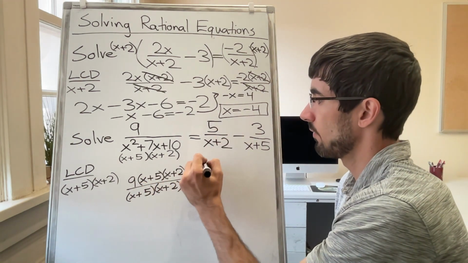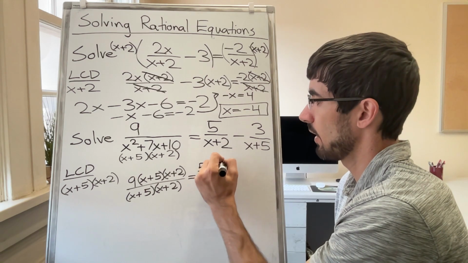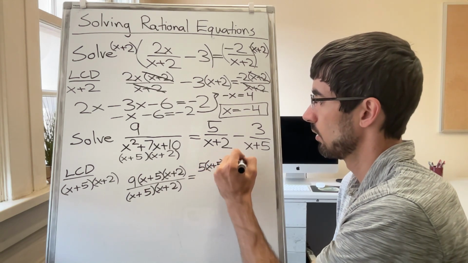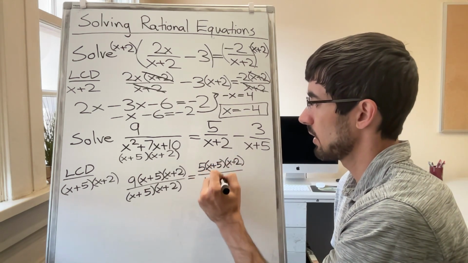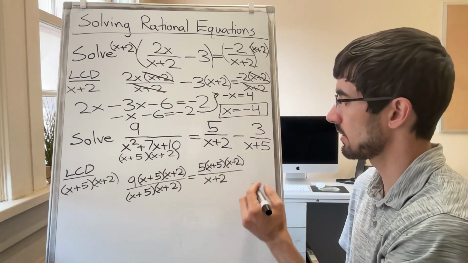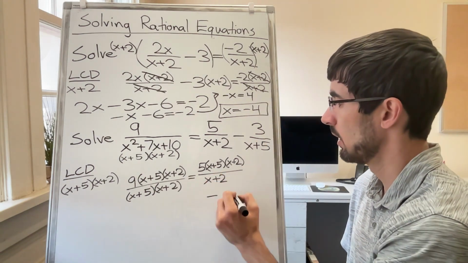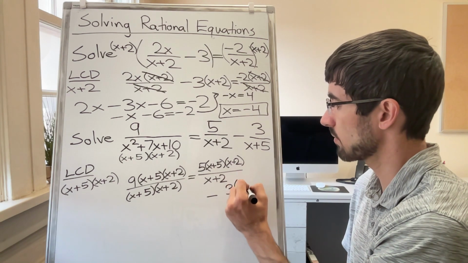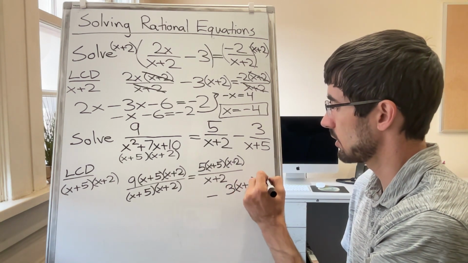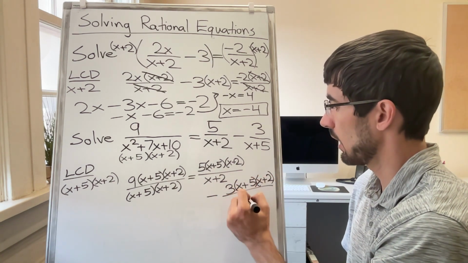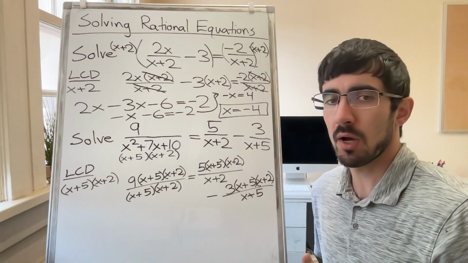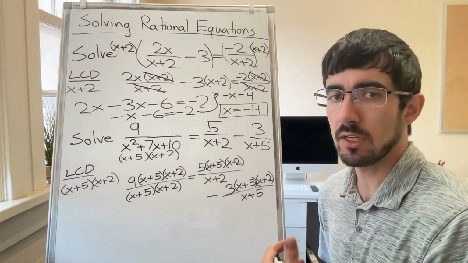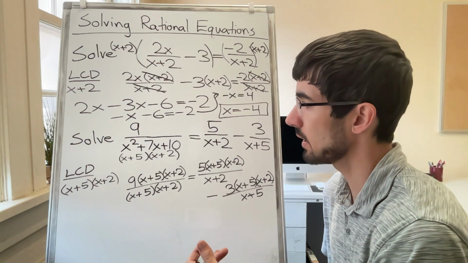This is going to be 5 times x plus 5, x plus 2 over x plus 2. And we're going to be subtracting another term, minus 3 times x plus 5, x plus 2 over x plus 5. Let's think about what divides out of each of these fractions and what remains.